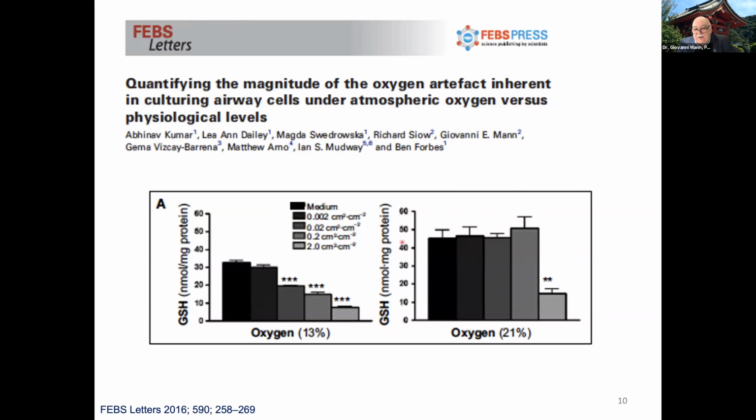That's how most people do cell culture. When we take these same cells and adapt them to the level of oxygen that I alluded to in my beginning slides in the lung, note that the intracellular antioxidant level of glutathione, instead of being around 45, drops to 30. And secondly, now the nanoparticles are actually causing loss of cell viability or loss of intracellular glutathione.